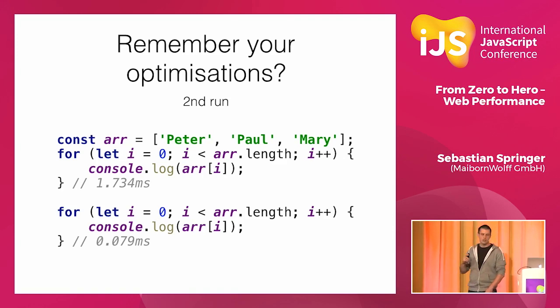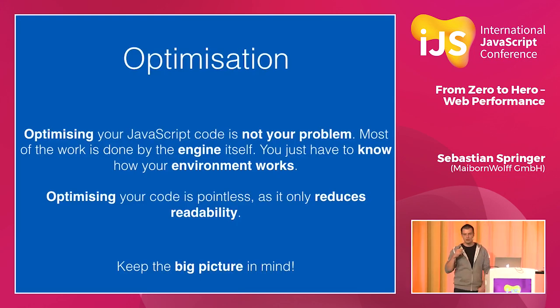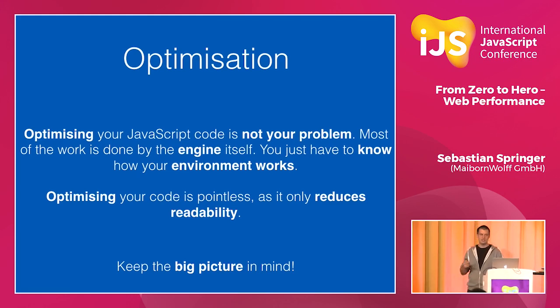So the point is, optimizing your JavaScript code is not your problem. You don't want to gain less than 0.1 millisecond. Seriously. Because in exchange you get unreadable code, so just forget about that.